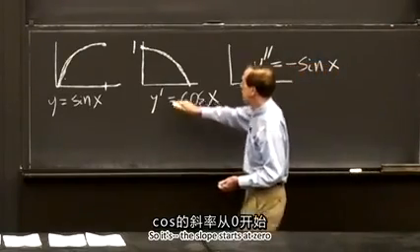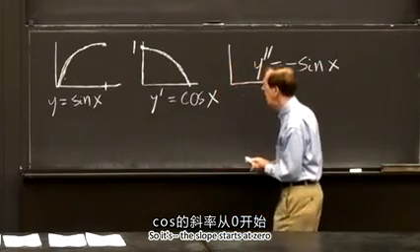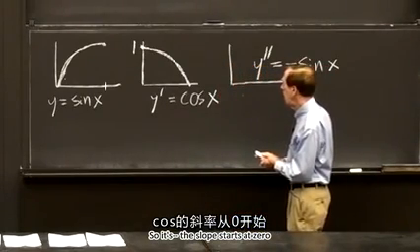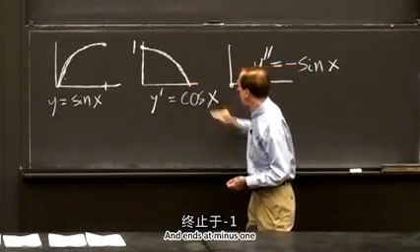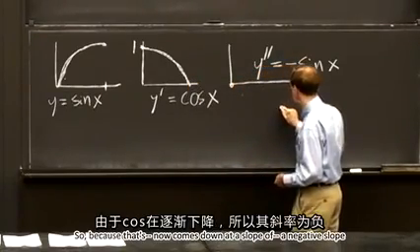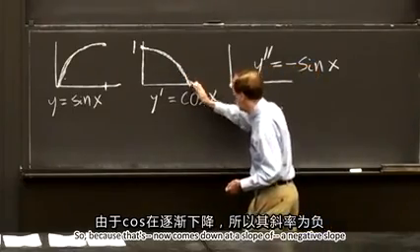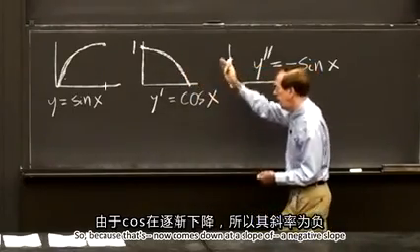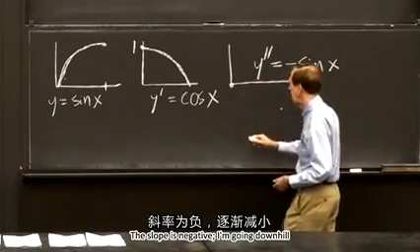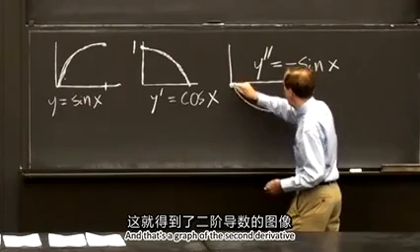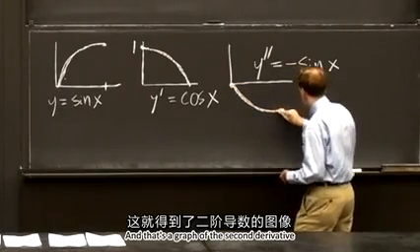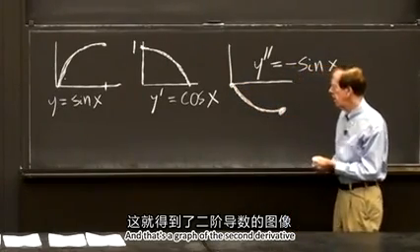So the slope starts at 0 and ends at minus 1, because that now comes down at a negative slope. The slope is negative. I'm going downhill. And that's a graph of the second derivative.